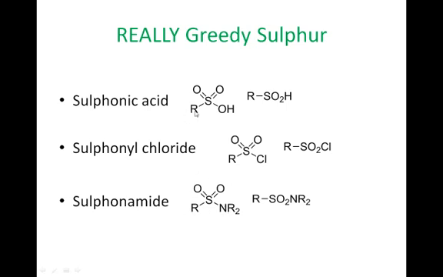So this is your acid, this is your acid chloride, and this is your amide. But if you have the sulfonyl group, then they become sulfonic acid, sulfonyl chloride, and sulfonamide. You'll see sulfonamides in lots of different drug molecules, and sulfonyl chlorides are what we use to make sulfonamides, so they're really important.